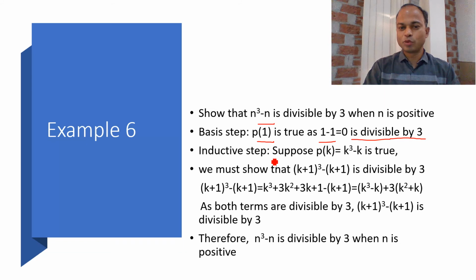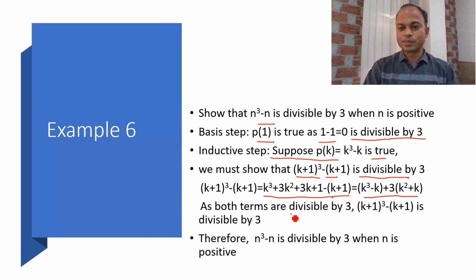After it, we have to demonstrate the inductive step. Say we are writing that this is true for P(k), I mean k cube minus k is divisible by 3. We are assuming it. After it, we have to demonstrate that k plus 1 cube minus k plus 1 is divisible by 3. If we simplify this term, then we get k cube plus 3k square plus 3k plus 1 minus k plus 1, and after solving this term we can write k cube minus k plus 3k square plus 3k.